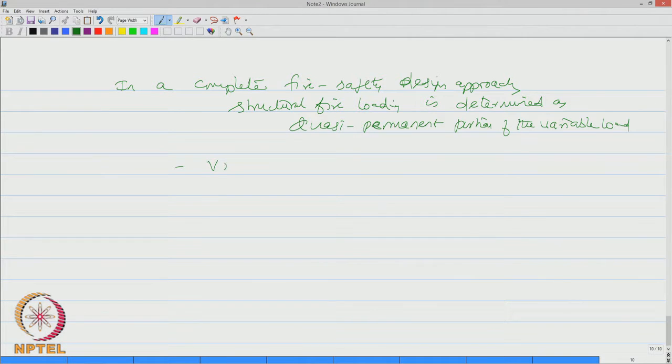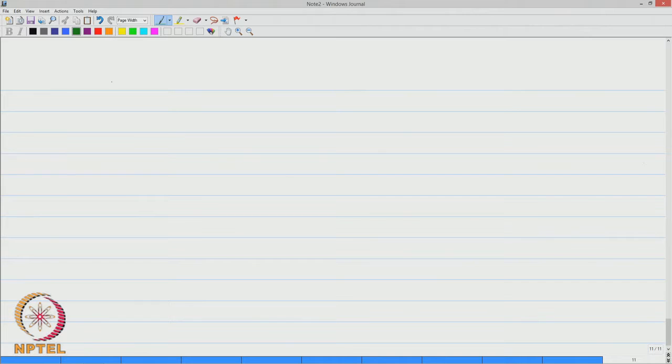That is, the variable load is multiplied by a factor psi 2 based on Eurocode 1990. Now, let us see the codal provisions.